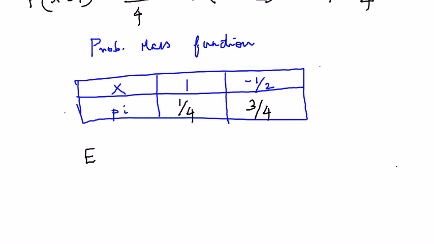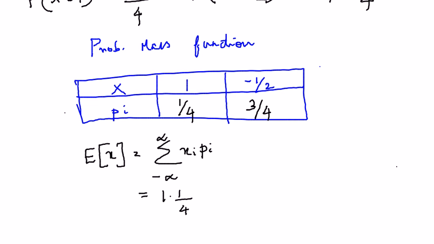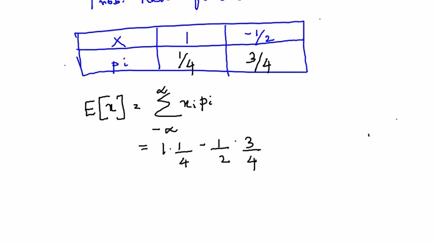Therefore the expectation for X is, you know the formula, the sum from minus infinity to infinity of x_i p_i, right? So it is going to be 1 into 1 by 4 plus minus half into 3 by 4. So I'll straight away write minus 1 by 2 into 3 by 4, which is nothing but 1 by 4 minus 3 by 8.